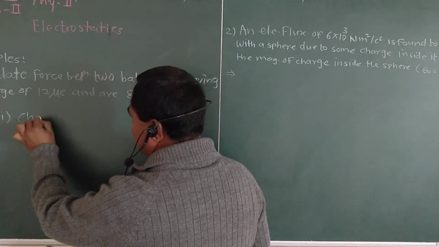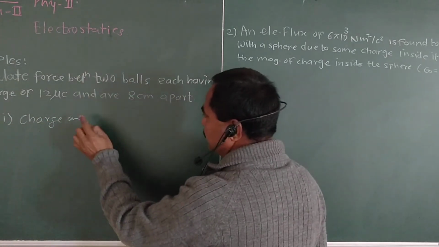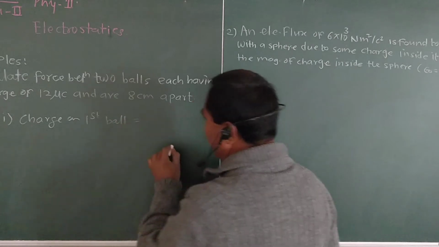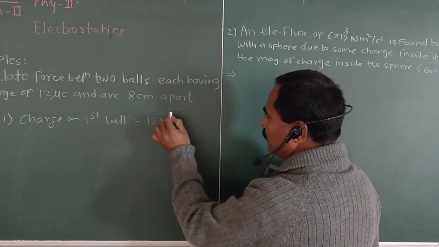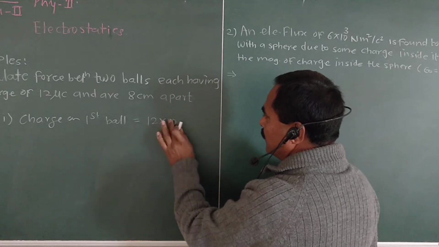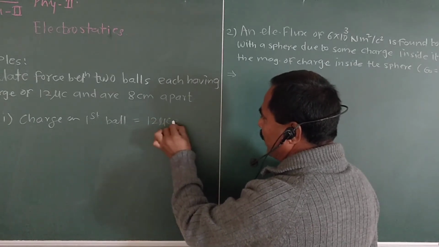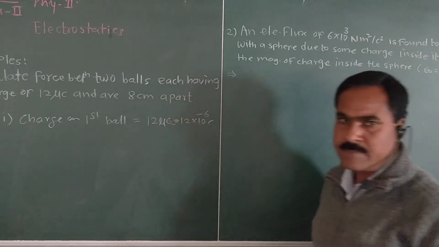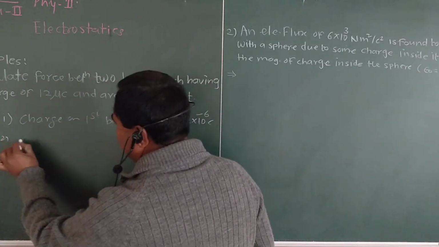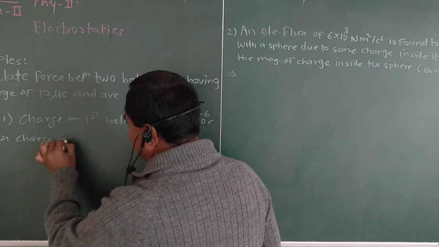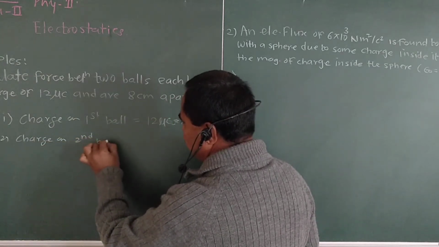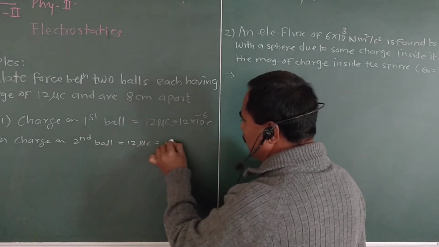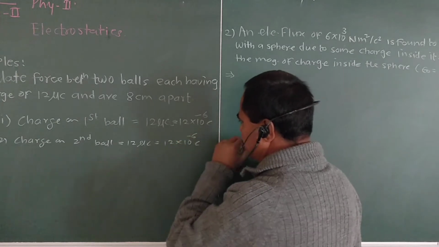First, charge on first ball equal to 12 microcoulomb, equal to 12 into 10 raised to minus 6 coulomb, right? Then second, charge on second ball is equal to 12 microcoulomb, that is 12 into 10 raised to minus 6 coulomb.